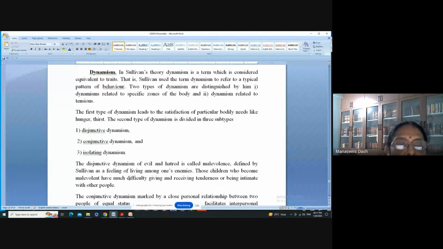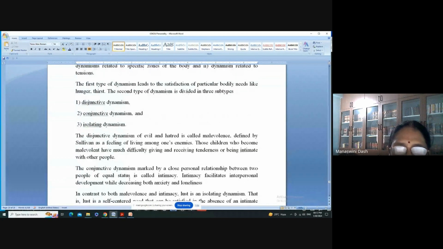Dynamism can be disjunctive. These disjunctive dynamisms are called malevolence. They are evil, negative traits. Children who become malevolent have much difficulty giving and receiving tenderness or being intimate with other people. So we know Sullivan's theory is interpersonal in nature.